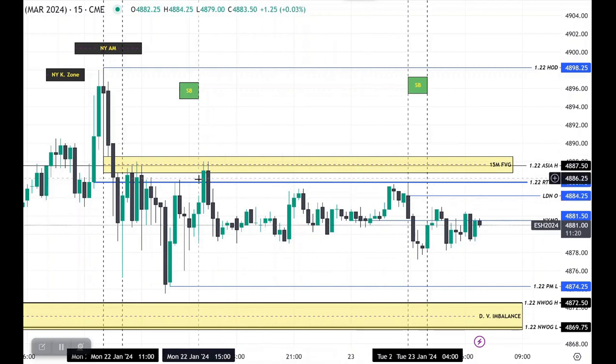Very small range. Expansion Friday, small new record high for Monday. And it happened when? In the New York AM session, the morning session. And 4898.25 is the all-time multi-year high right now.